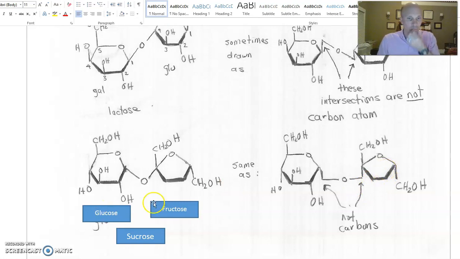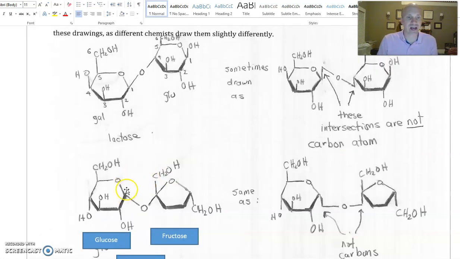When the condensation reaction occurs that joins these, you end up getting this stereochemistry. This bond right here is going to be below the plane, so you'd have a hydrogen which is above the plane. On this one, that carbon-oxygen bond is below the plane as well. Notice that it's opposite of this one right here. Here, this was going up above the plane; here, it's going down below the plane.